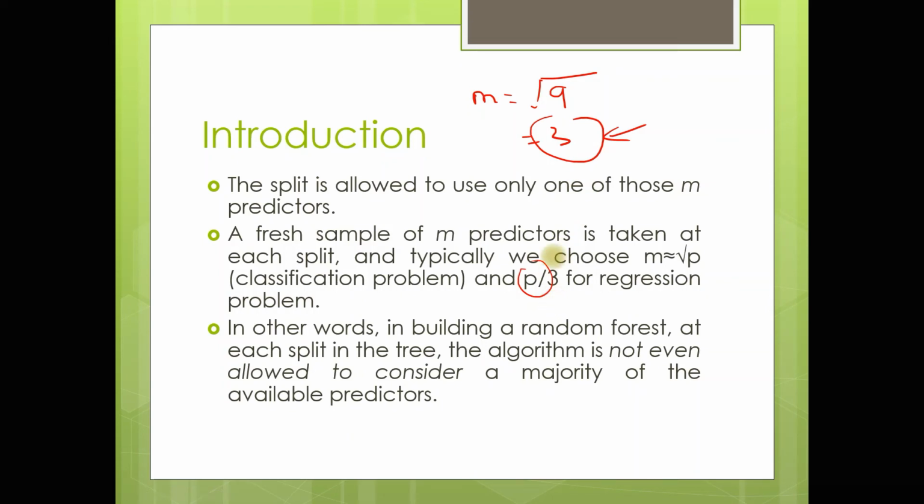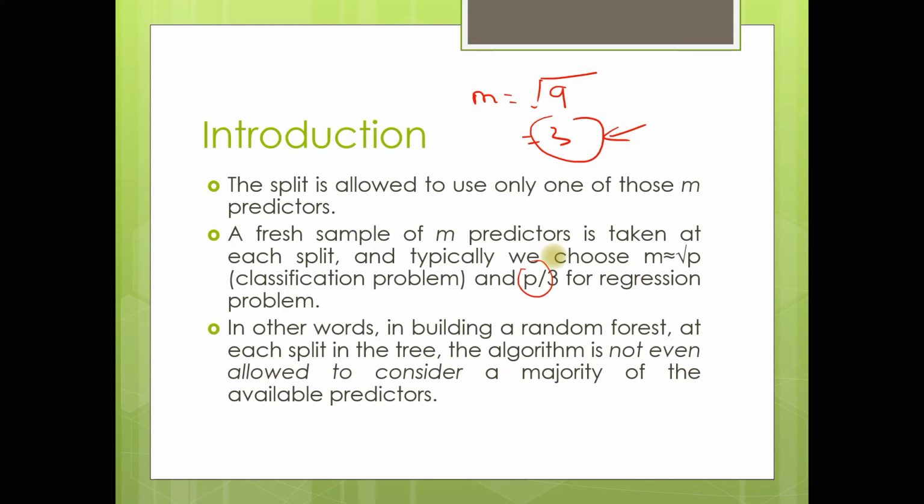So that's a little bit the typical choice that we would go for in case we want to apply a random forest for either a classification problem or a regression problem.